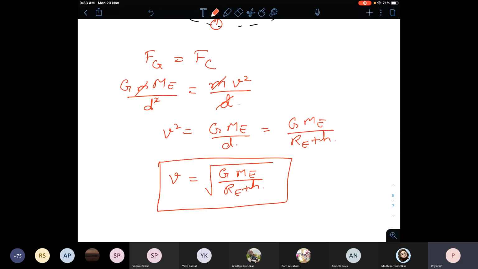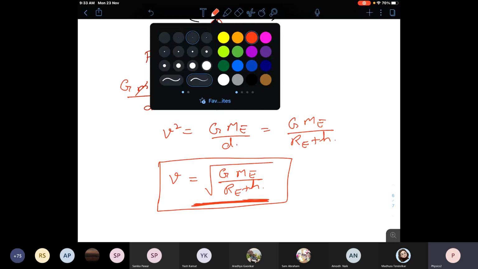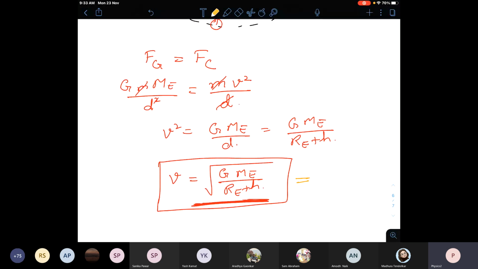Now, what does this velocity represent? It means that if the satellite wants to remain in this orbit, it should have exactly this much velocity. Suppose, just as an example and not as an actual value, this velocity comes out to be 10 kilometers per second.